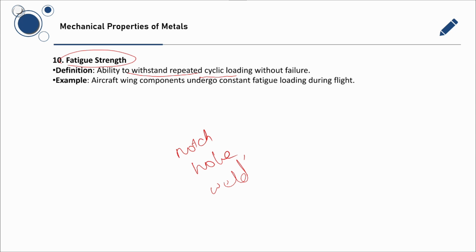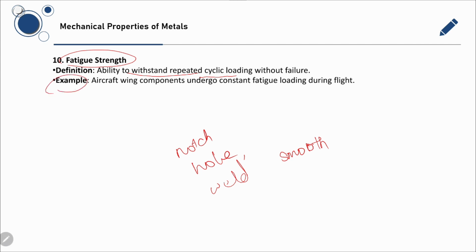It can be improved by smooth transitions, polishing or shot peening, removing defects, good weld geometry, avoiding sharp corners, and using corrosion protection. These are the key factors to improve fatigue strength.